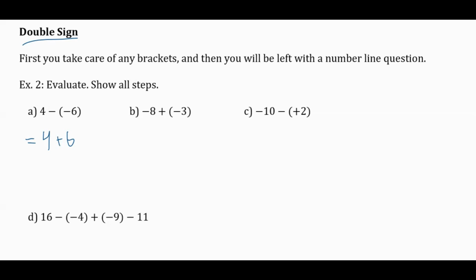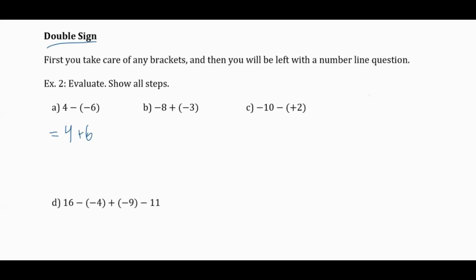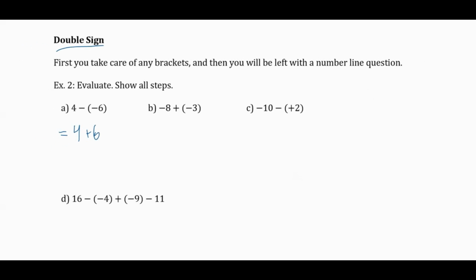A common mistake would be to do this, because it's a -6, and it's two negatives, so I'm adding, so now I add -6. No. Subtracting -6 is not the same as adding -6. Think about that. That doesn't make any sense. So we got to take two signs and turn them into one. The good thing is, it's the same rule as multiplying and dividing.